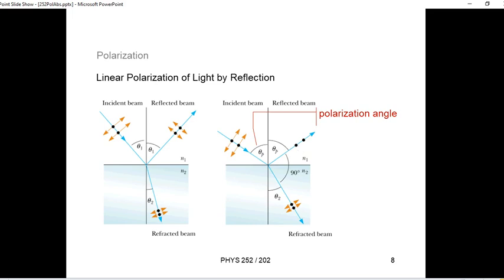Now, the reason for this, you can argue, is the light that reflects is actually coming from the atoms in the second material. The electrons are being driven in that material by the incoming electric field of the incident wave. The electrons move, and when they move, they give off light.